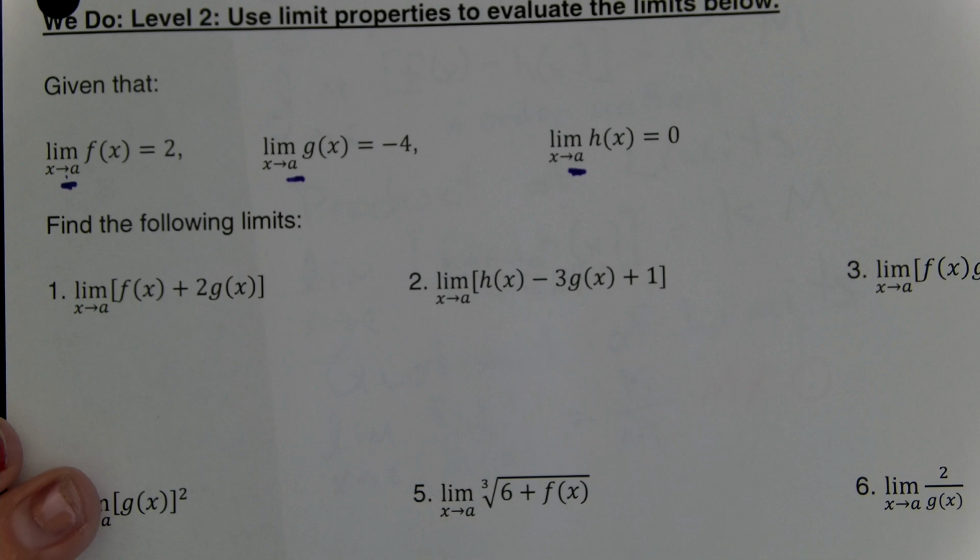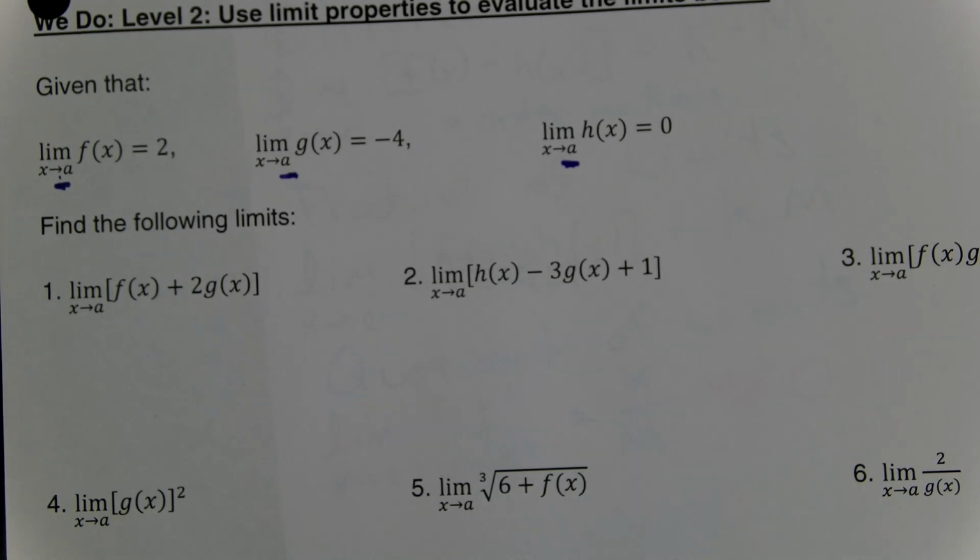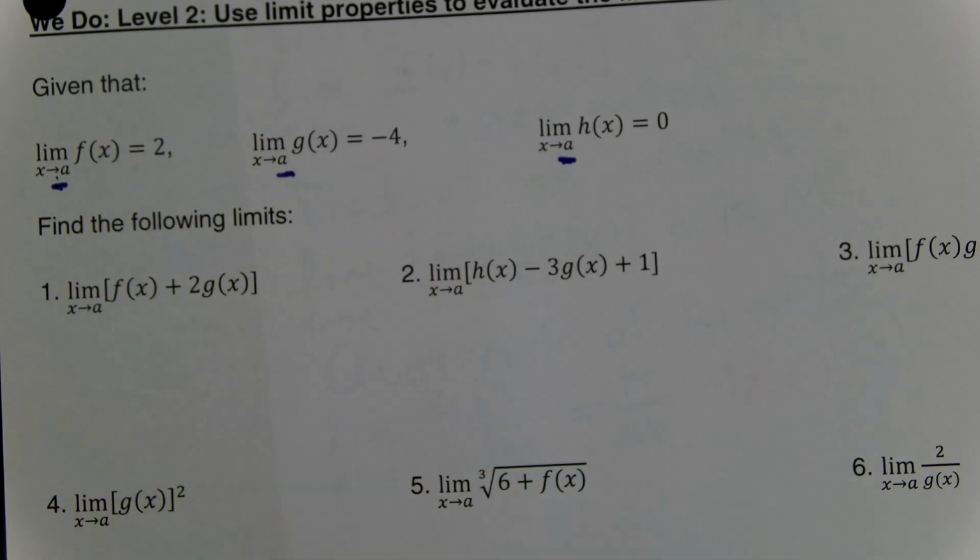Are all of these approaching the same value? Yes. How do you know? They're all going to A. So on your assessments, you have to pay attention because there will be different A values. So pay attention to which ones they're asking you, okay? But all of these are just approaching A today.